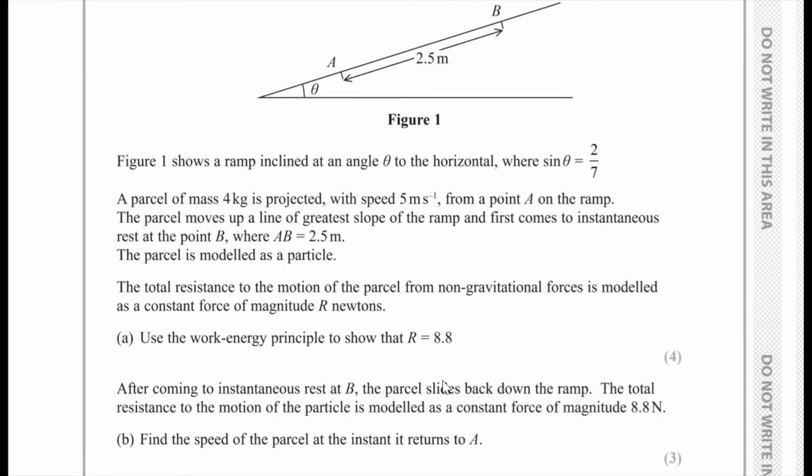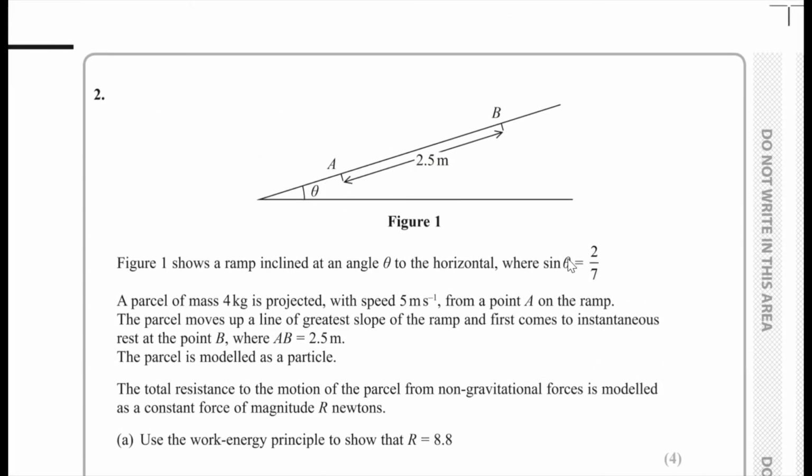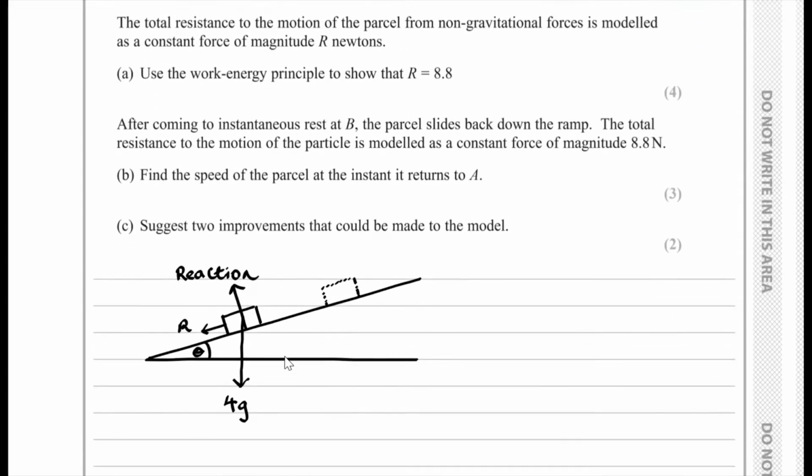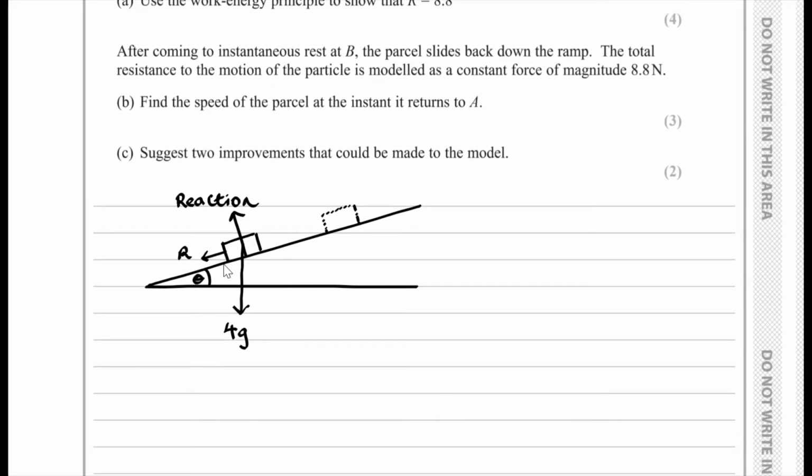So for this question, first of all, if we know that sine theta is equal to 2 over 7, then we can draw this triangle to find out what cos theta and tan theta are, just in case we need it. Now, for this part of the question, we've got this diagram over here.